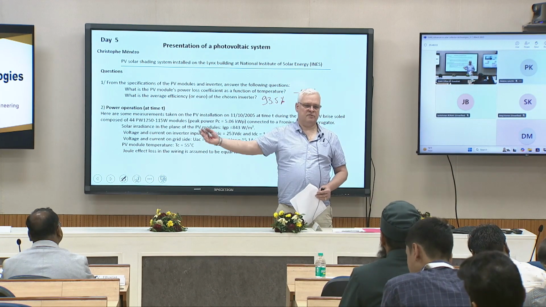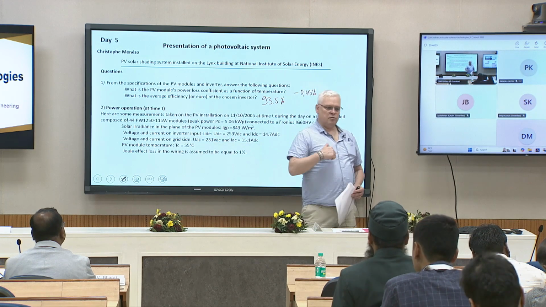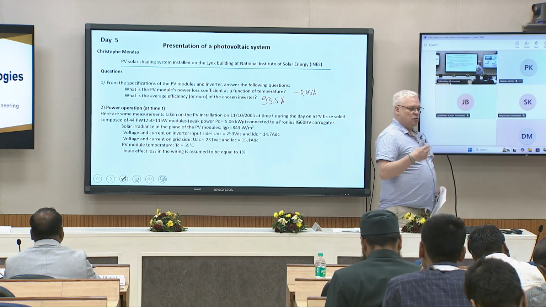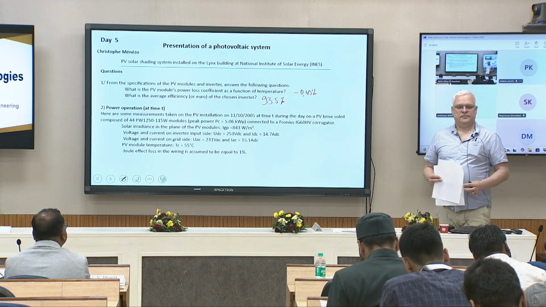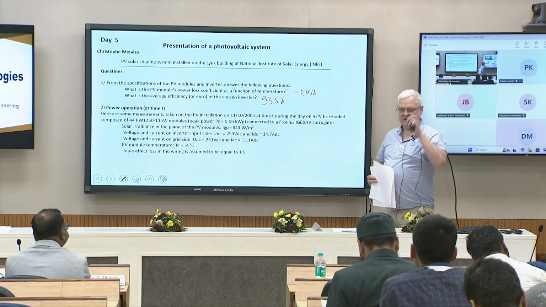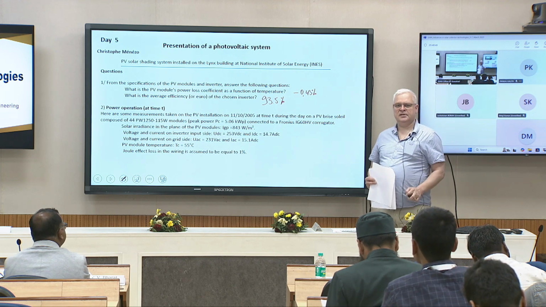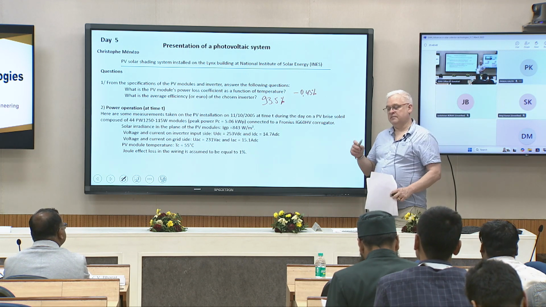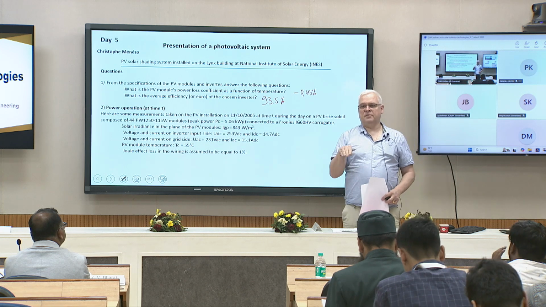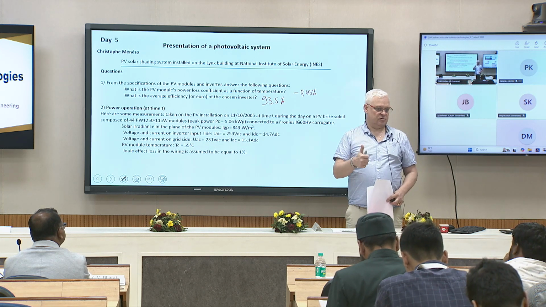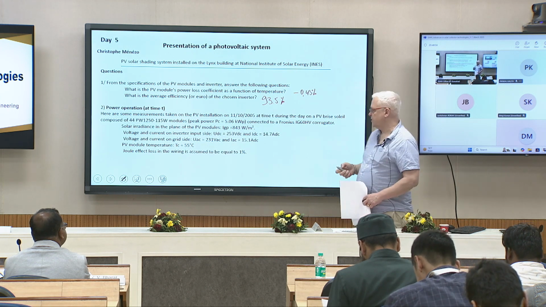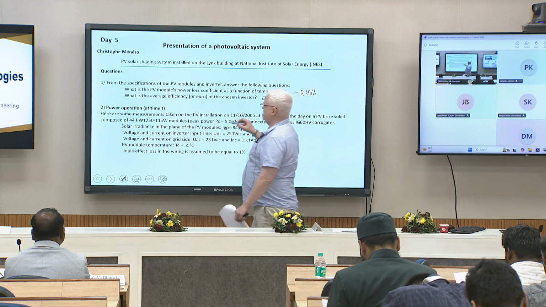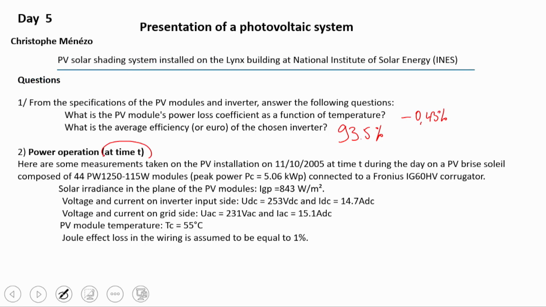What is the global irradiation, potential production for the month? So we were thinking in months, in years. Now it's at time t. Okay, at time t, we look at the inverter and it will provide us some information. Okay, about tension, about voltage, about current. So here we are at time t.